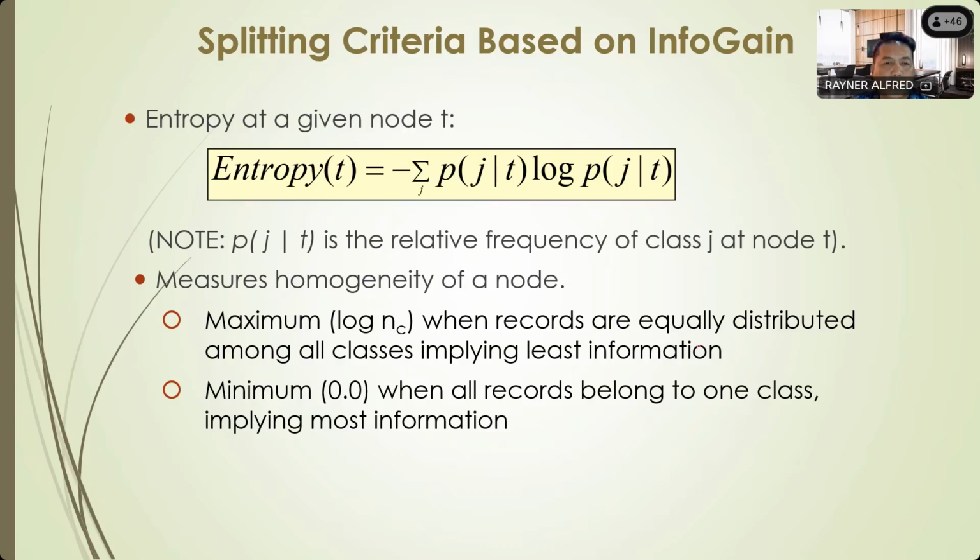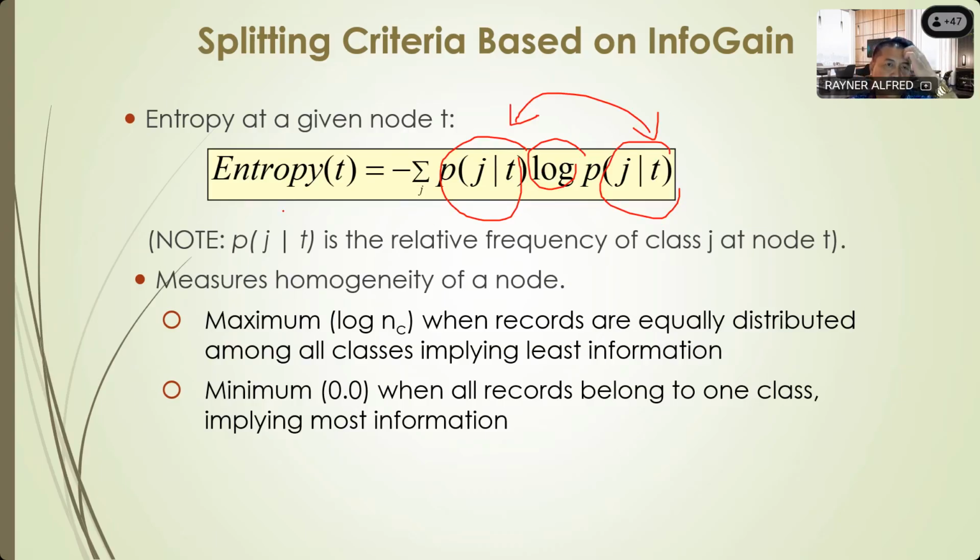Over here, we have the summation over all classes of the probability that an item belongs to that class in that group, and we take the log of it.